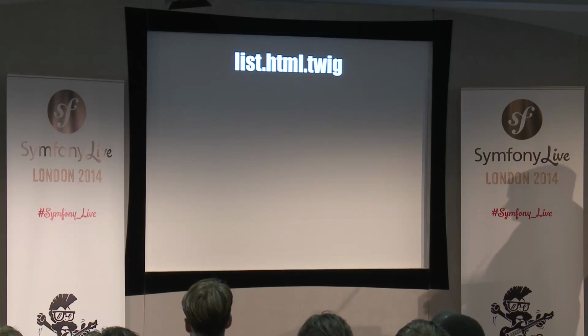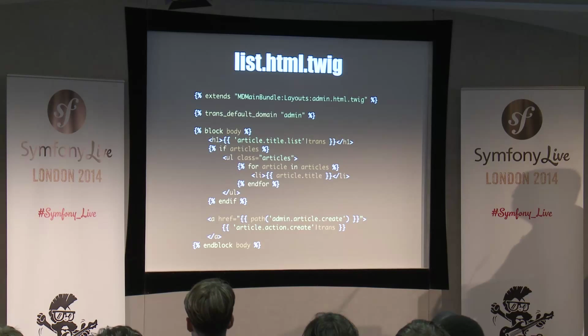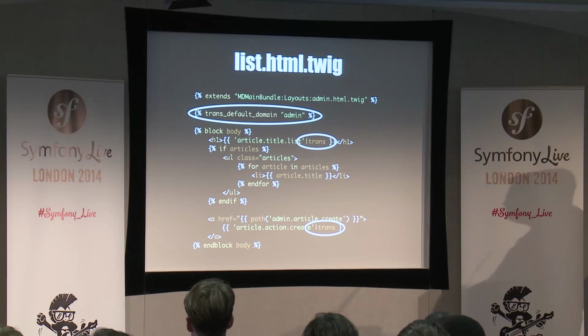The other thing I want to talk about is trans default domain. In the examples we had before, we had the trans and then it said admin. You can actually set that completely in the template there. And then when it comes to these things here, you don't have to do that, which tidies it up a little bit.